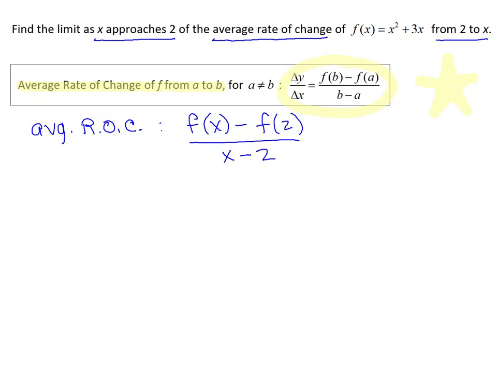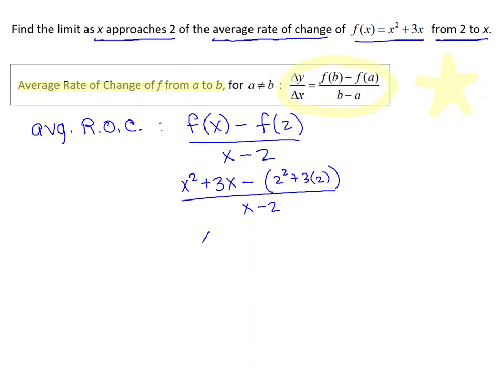Now specifically for our function f of x, it will look like x squared plus 3x minus 2 squared plus 3 times 2 over x minus 2. Now if we clean this up a bit, we've got x squared plus 3x minus 4 plus 6 is 10 over x minus 2.